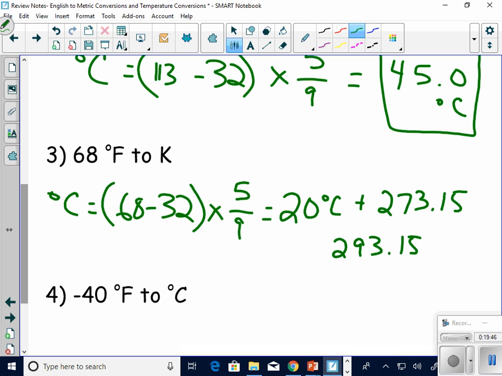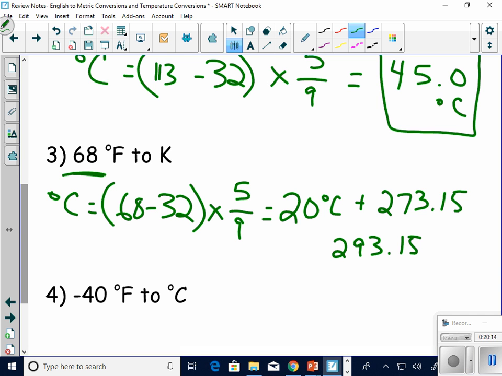how many significant figures do I have? How many do I have in my problem? How many should I have in my final answer? 2, because I only have 2 sig figs right here. 68's only 2 sig figs. So, how am I going to get 293.15 into 2 sig figs?